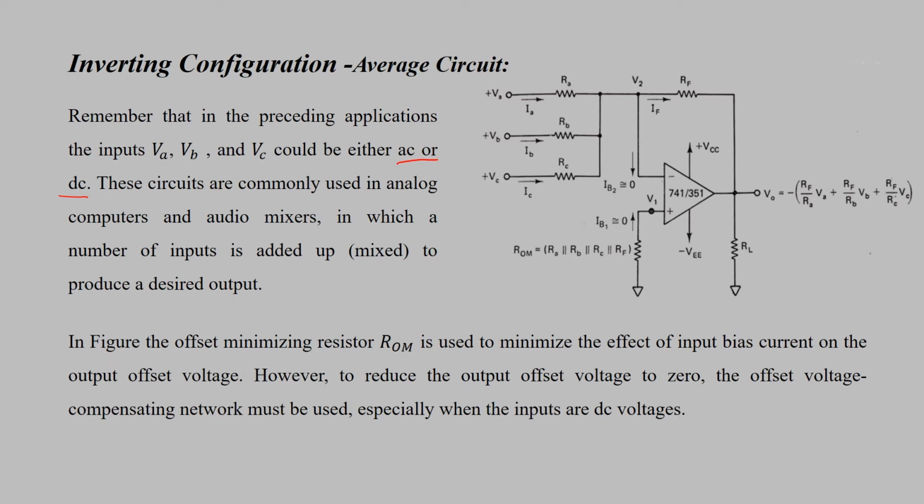In the figure above, as already told, ROM is the offset minimizing resistor, and this is used to minimize the effect of input bias current on the output offset voltage. However, to reduce the output offset voltage to 0, the output voltage compensating network must be used, and especially in the case of DC voltages, this voltage compensating network should be used.